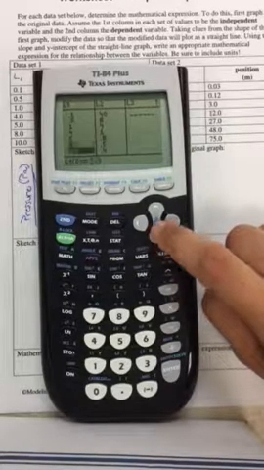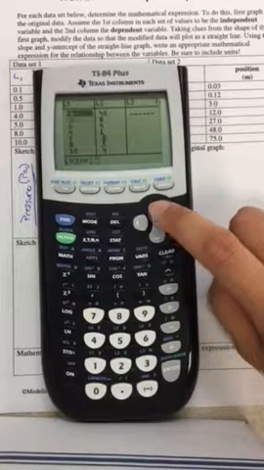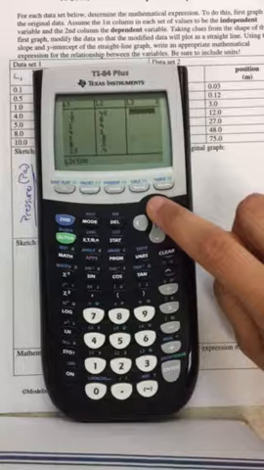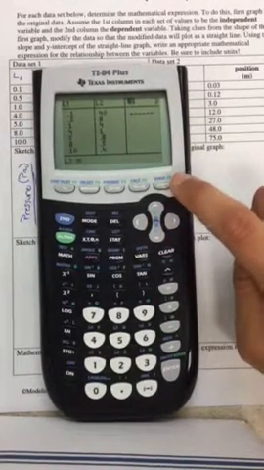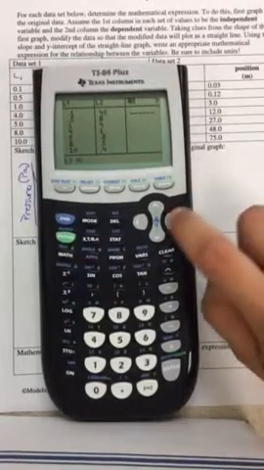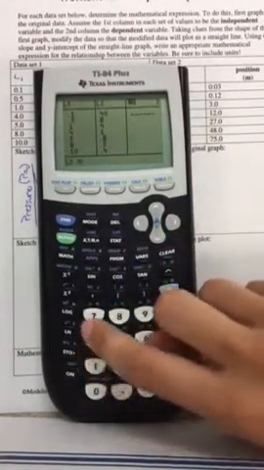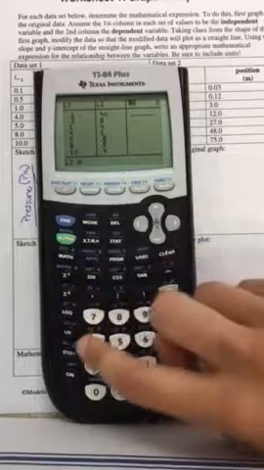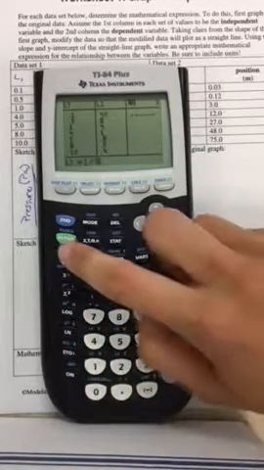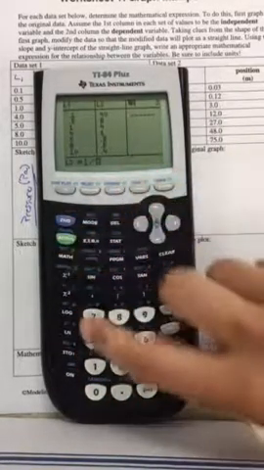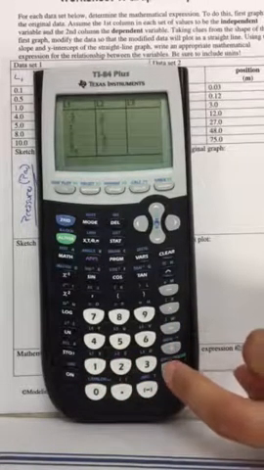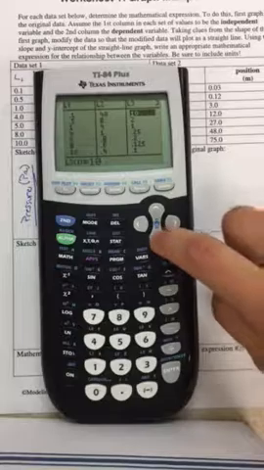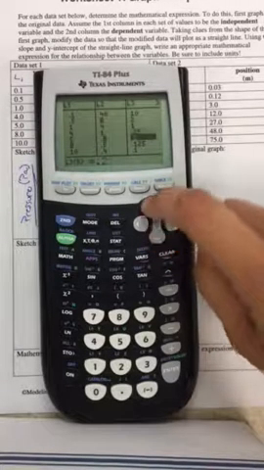We can make the calculator do that for us by going to another list. If you go into the header of list 3, so you make the L3 highlighted, you can actually now type an equation in. So such as 1 over L1, and if you hit enter, all of those values are put in automatically.